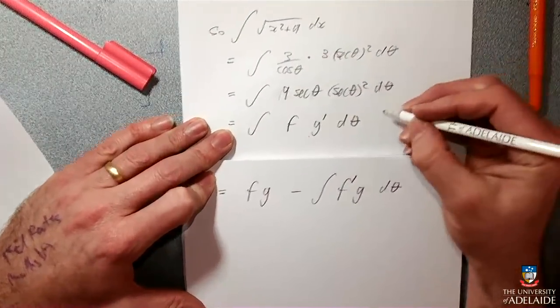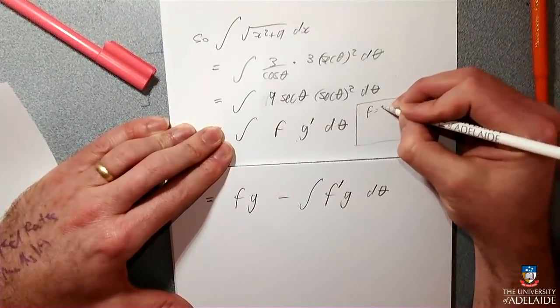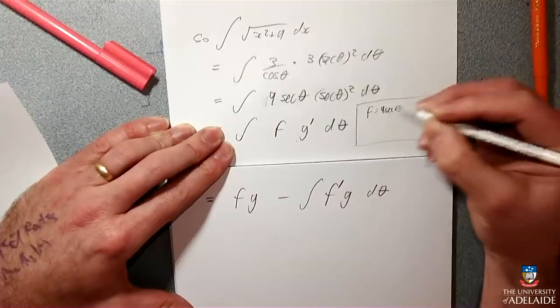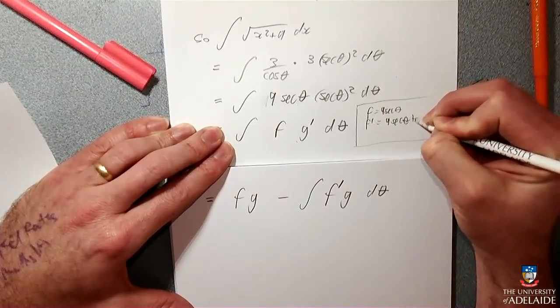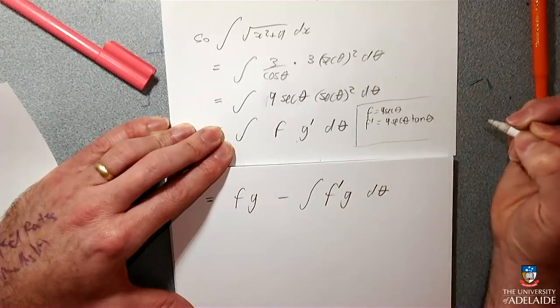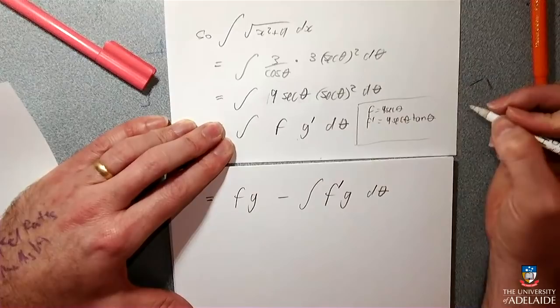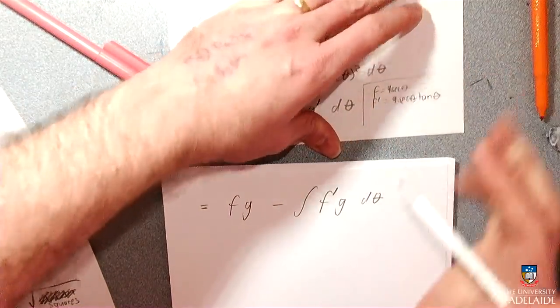Okay. So this is where f is 9 sec theta. That means f dashed will be 9 sec theta tan theta. Do you know that derivative? Well, learn it now. It's a good one. The derivative of sec theta is sec theta tan theta.